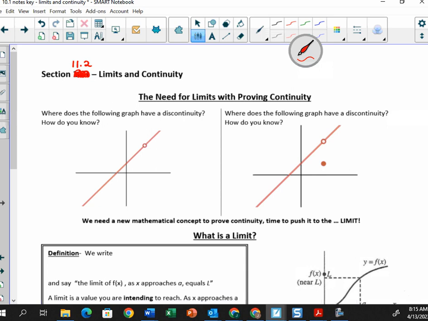What we talk about is proving that you have to talk about the limit, like the graph approaching that value from either side. But first, we're starting with just discontinuity. So if I label this as A on my x-axis, I can say f of A is undefined.